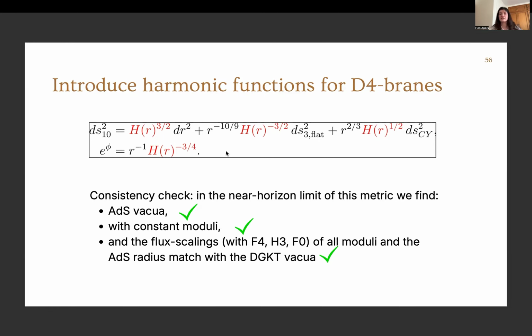Now that we have this 10-dimensional geometry, the full geometry, we can hopefully use this to learn some things about the conformal field theory. And one thing I want to discuss very briefly now is we could, for example, check whether these D4-branes actually decouple from the bulk, which is a necessary requirement for holography to work.